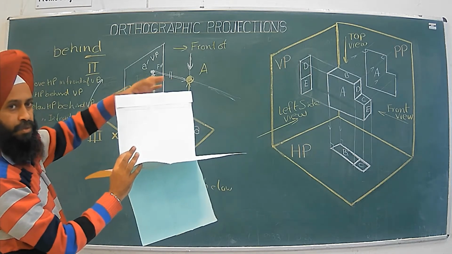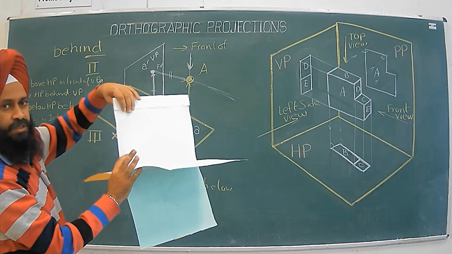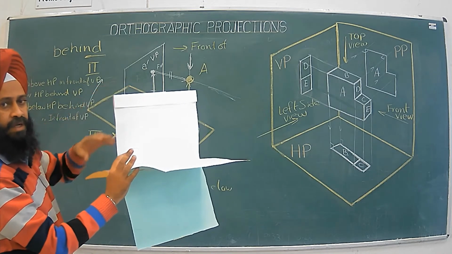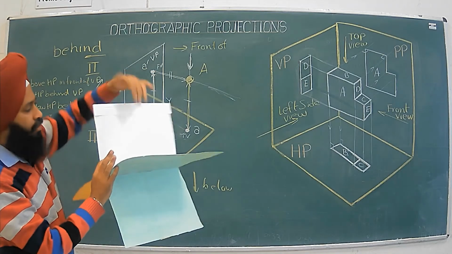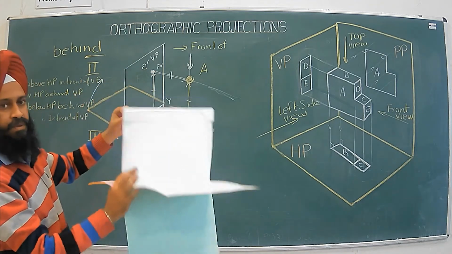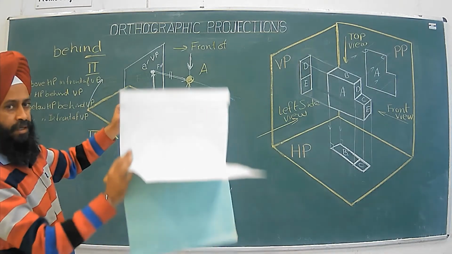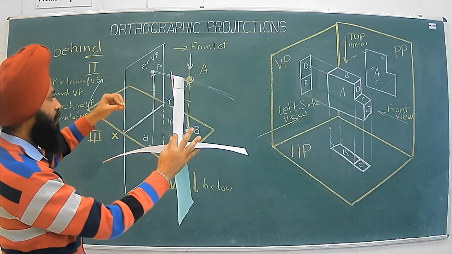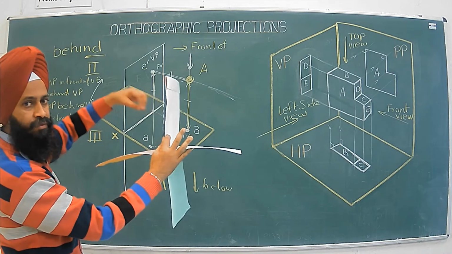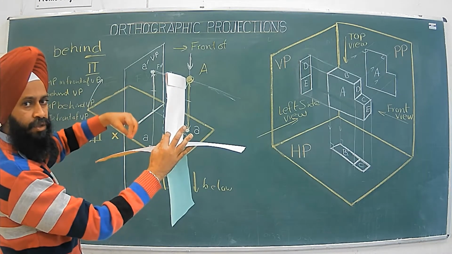We cannot see through this paper, but we assume these planes are made of glass. So from front we can see the image on this. So here we have the point, and this is our second quadrant, point is lying in the second quadrant, and here we will draw front view, here we will draw the top view.